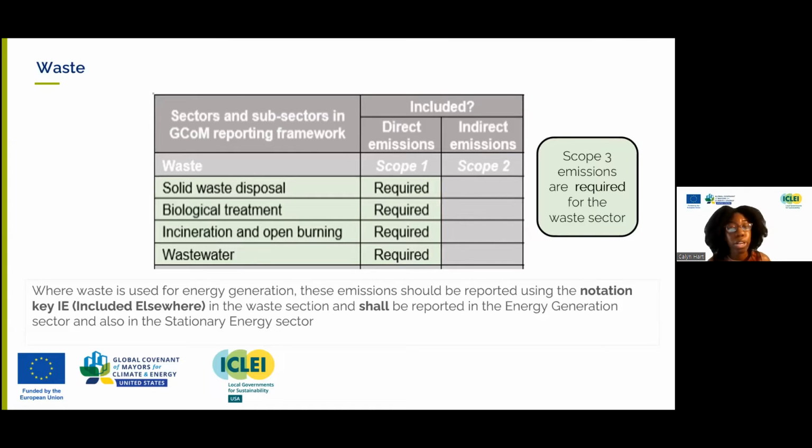So if you have energy generation from a wastewater plant or from a landfill, make sure that you are reporting that in the energy generation and stationary energy sector. And then in the waste sector, you'll be able to use the IE notation key.